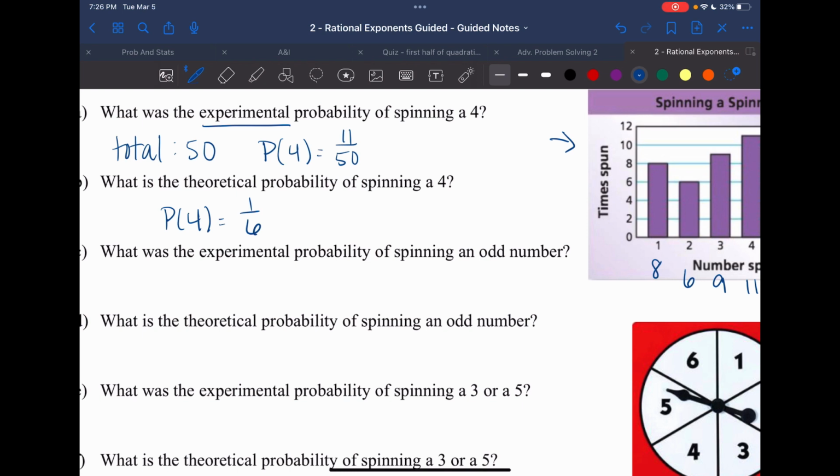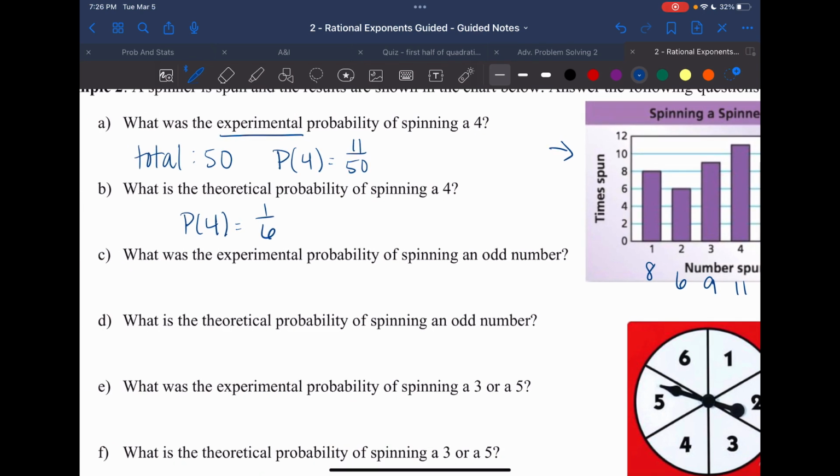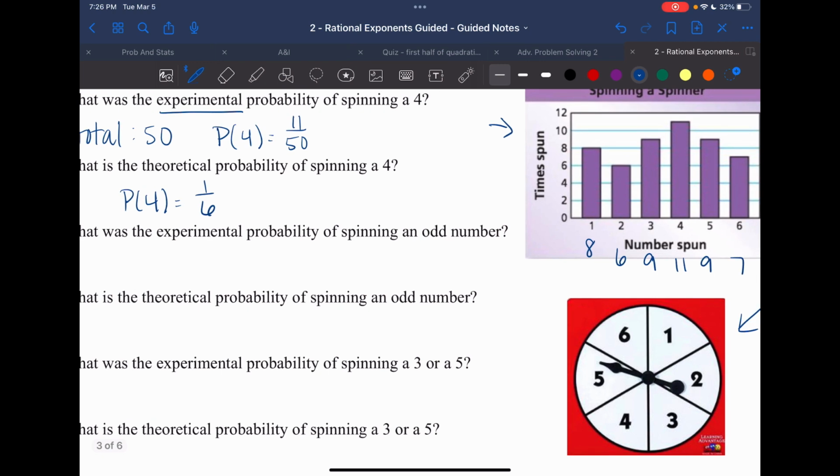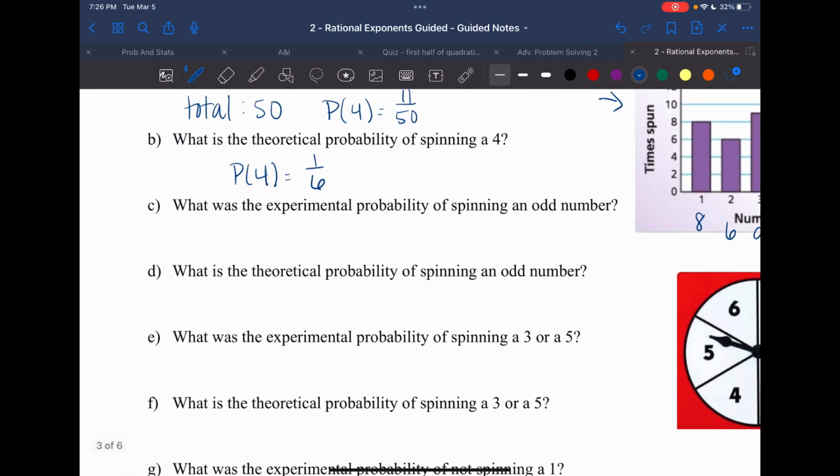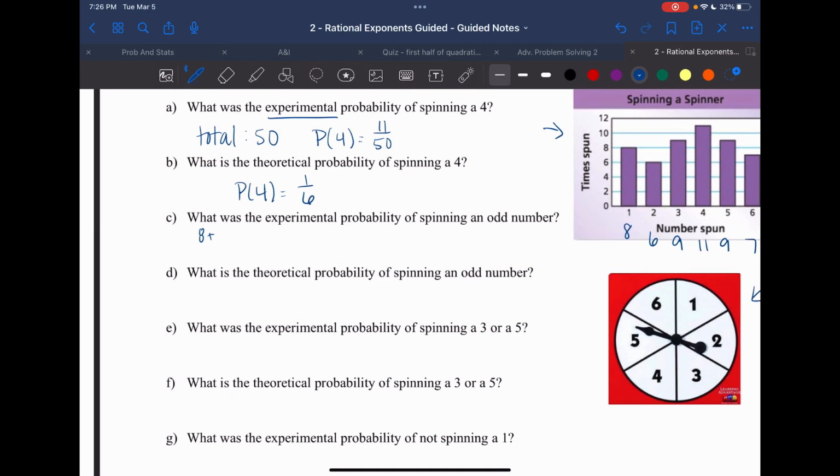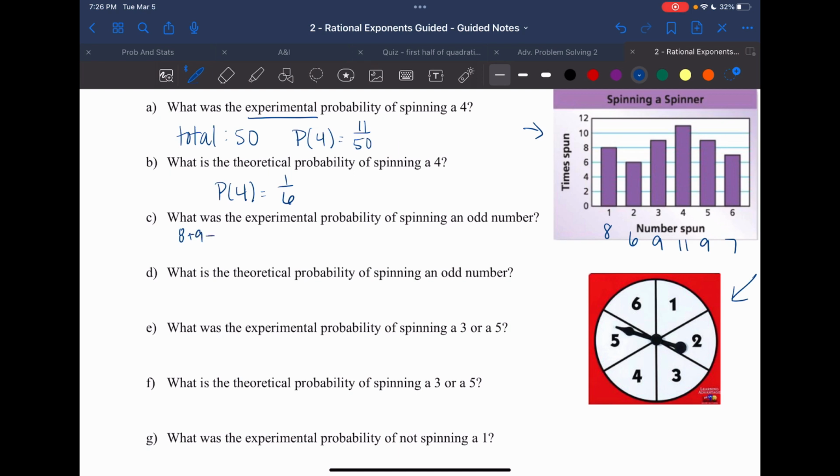Letter C, what was the experimental probability of spinning an odd number? The odd numbers would have been 1, 3, and 5. So I need to add those up. 1 was 8, plus 3, which was 9, plus 9. Go ahead and add those up. You should get 26. So the probability of spinning an odd would have been 26 out of 50.